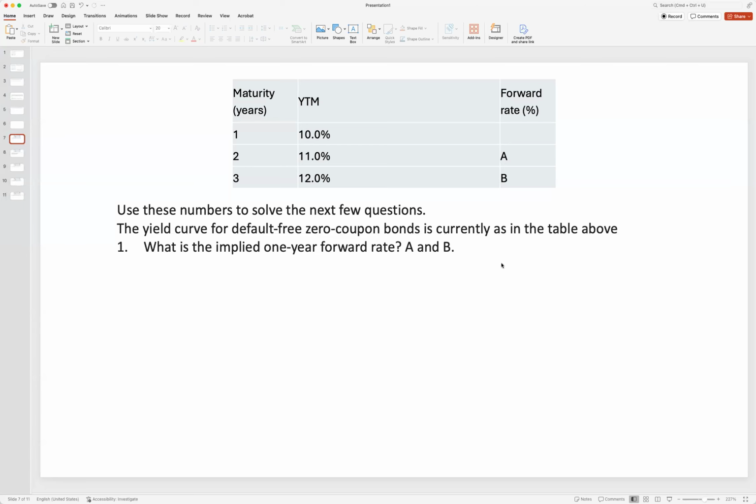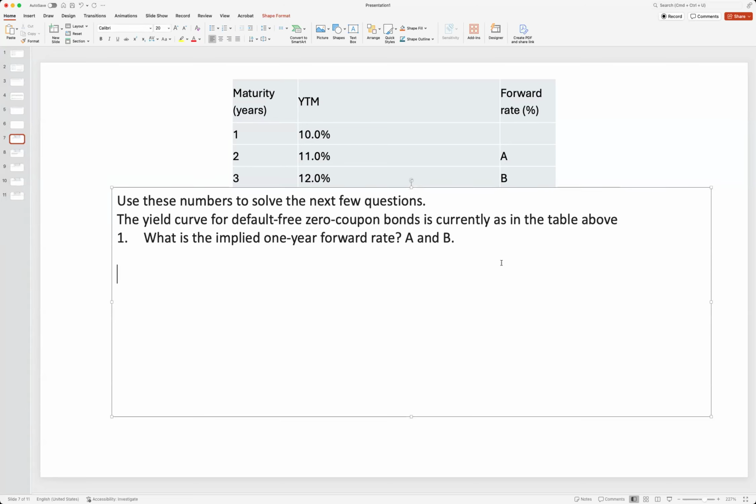Now first, let's solve for A. Let's remind ourselves, how do you calculate a forward rate? The forward rate equals the ratio of the long rate and short rate compounded appropriately, and then minus 1.